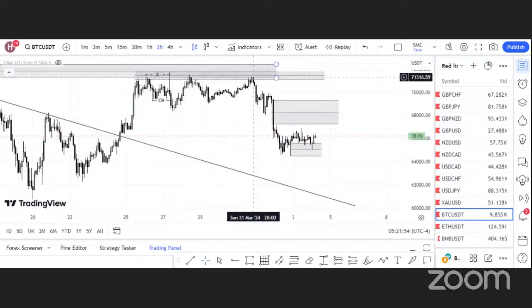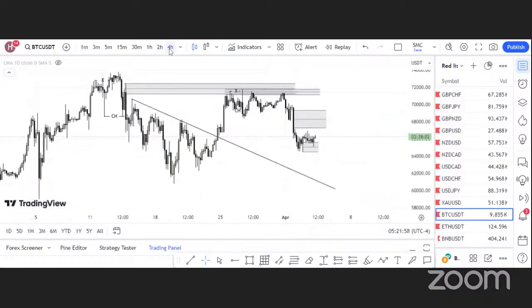Okay, so now since the market is pushing down, you see where we took our analysis from. The market created liquidity, change of character, then came back to retest the previous high, right?